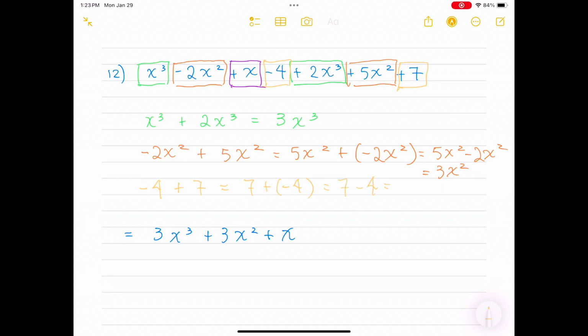We write 3, the simplified term, on the line below, and we finish the problem. 3x cubed plus 3x squared plus x plus 3, we box our answer.